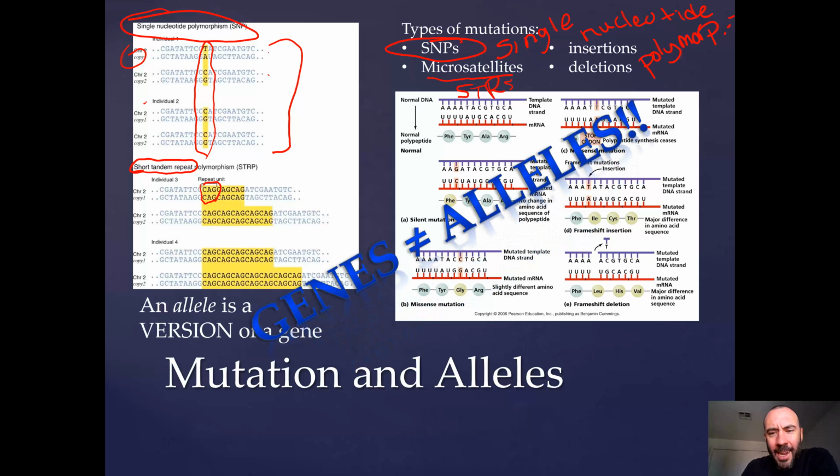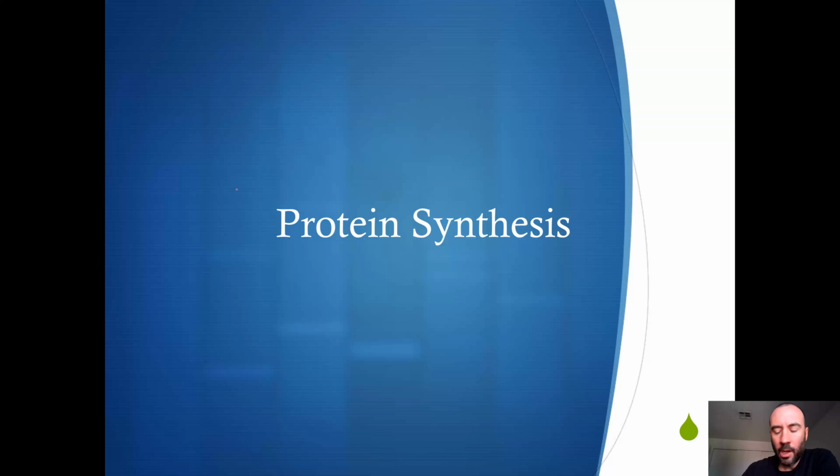But again, I just really want you to realize that the word genes is not synonymous with alleles. Alleles are genes, but an allele is a particular version of a gene. Okay? So for any gene that has different versions, those different versions are called alleles.